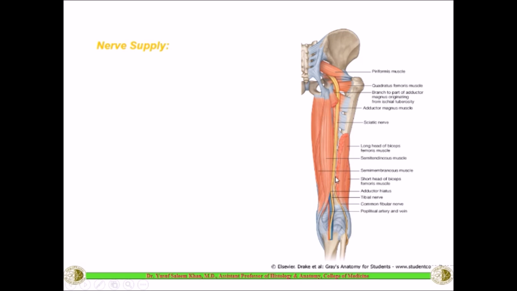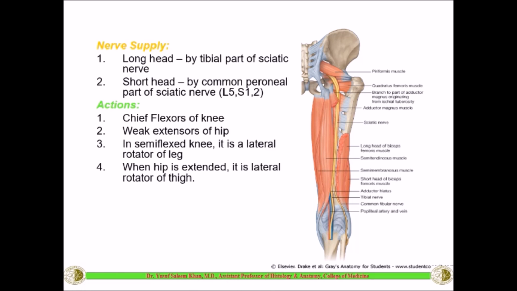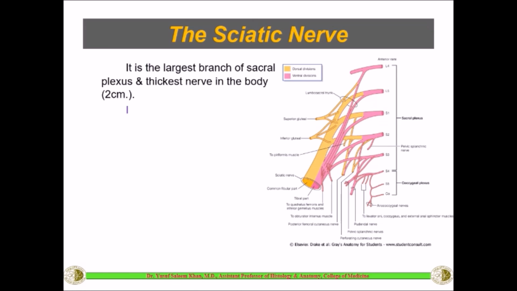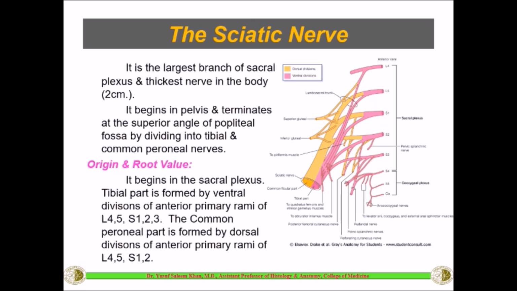Just above the popliteal fossa, it divides into its two terminal branches, the tibial nerve as well as the common peroneal nerve. So the sciatic nerve divides into the tibial nerve as well as the common peroneal nerve just at the superior angle of the popliteal fossa. So this is the sciatic nerve.